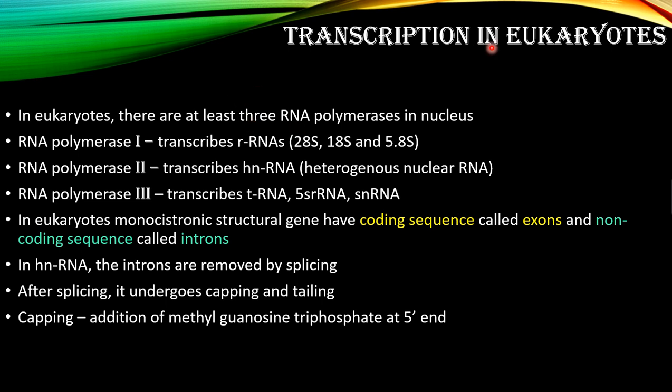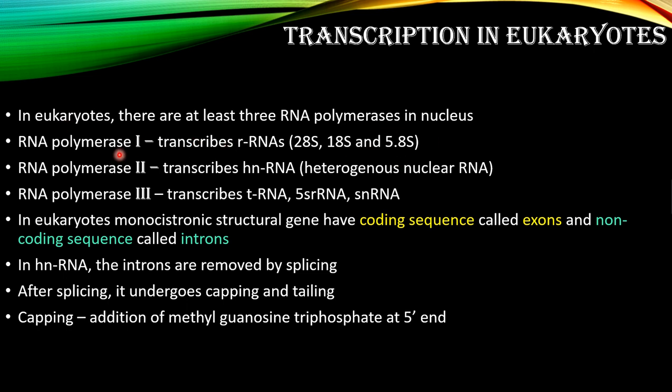Here, in the eukaryotic transcription process, at least three RNA polymerases are involved, present inside the nucleus. In prokaryotes, only one RNA polymerase can synthesize all three RNAs, but in eukaryotes, three RNA polymerases are involved.